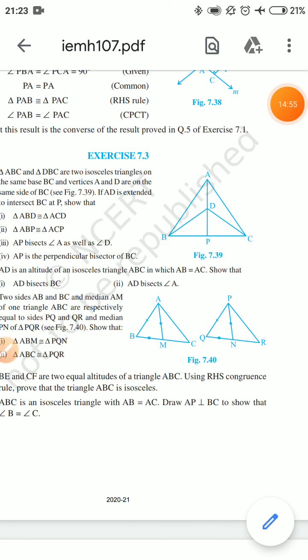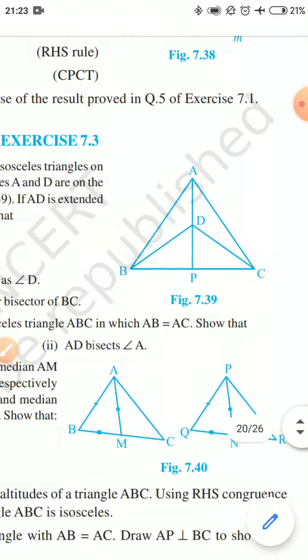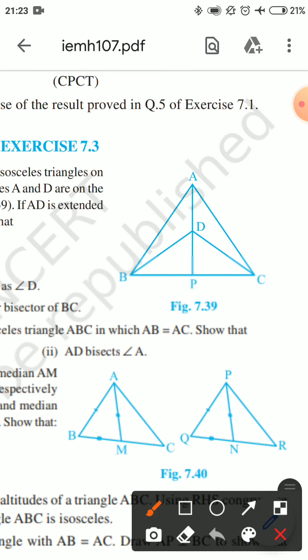Next thing we have to prove is that line AP bisects angle A as well as angle D. We have seen that if these two triangles are congruent, then this angle will be equal to this angle. Similarly, if this triangle is congruent to this triangle, then this angle will be equal to this angle.